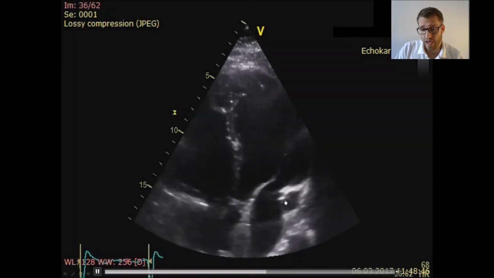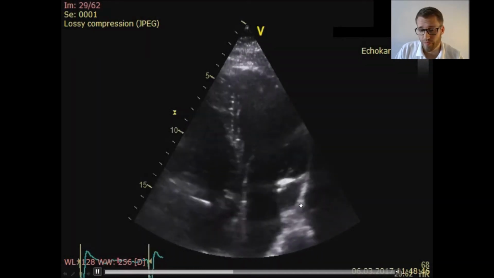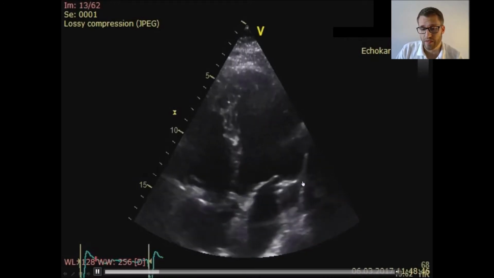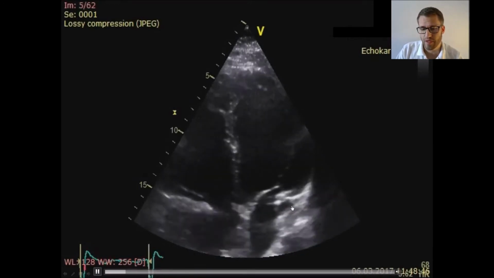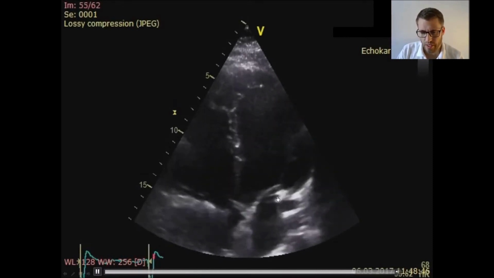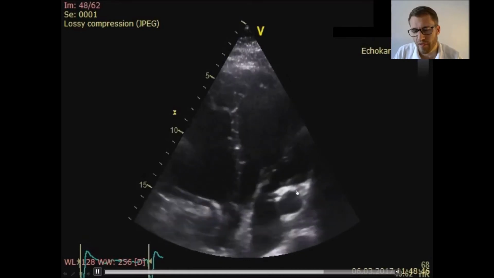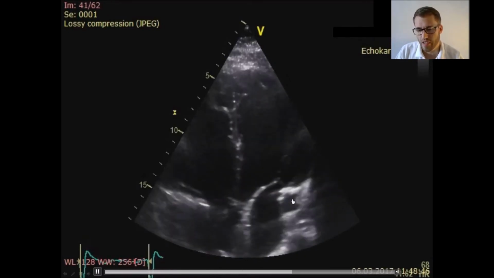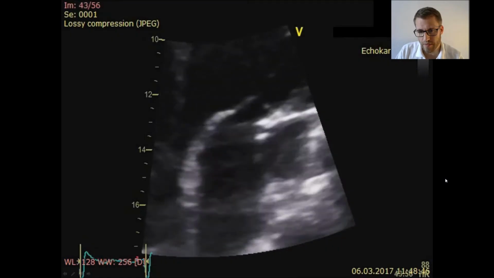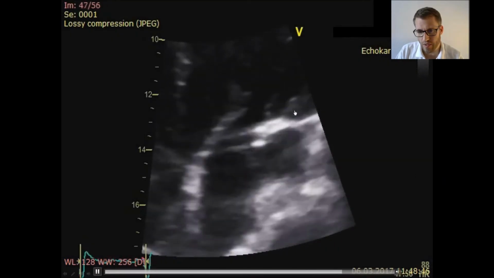In the apical 4-chamber view, we see this structure again, and also here it's looking very prominent, and normally you don't have such a prominent structure seen in the apical 4-chamber view, right? So what do I think this structure is, here in zoom?